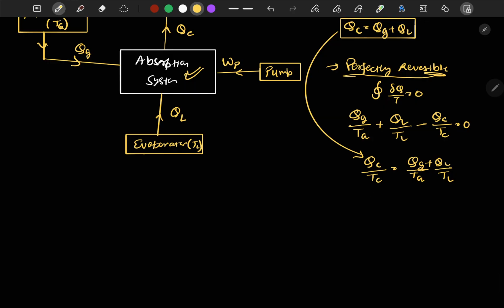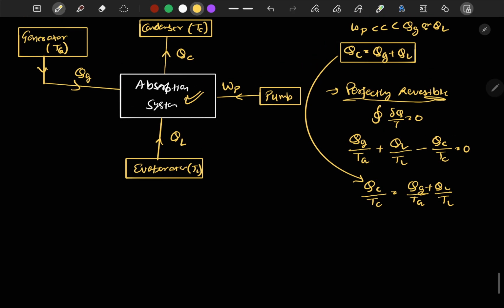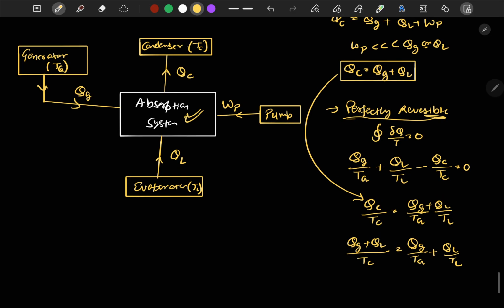After substituting, we get (QG plus QL) upon TC is equal to QG by TG plus QL by TL. Why have we done this? There are three temperature terms here, TG, TL and TC, and these temperatures we can measure easily: generator temperature, evaporator temperature, and condenser temperature.